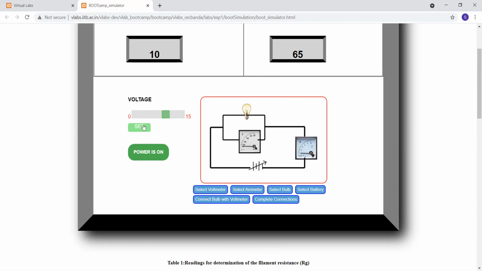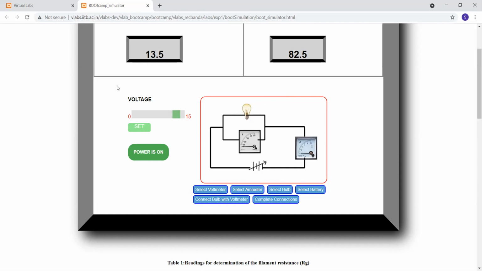We can vary the voltage up to 15 volt. 10.8, current 69. 12, current 75. 13.5, current 82.5. These readings are sufficient.